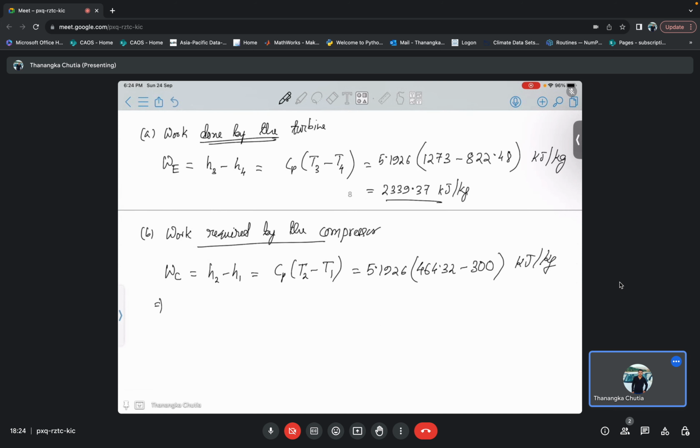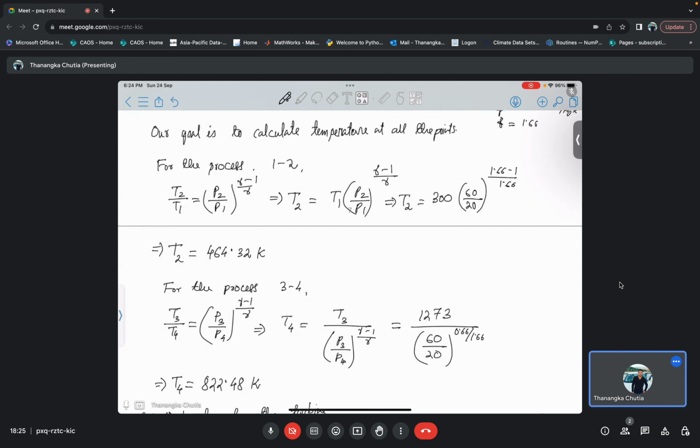Okay, so WC is 853.25 kilojoule per kg. This is the work required by the compressor.